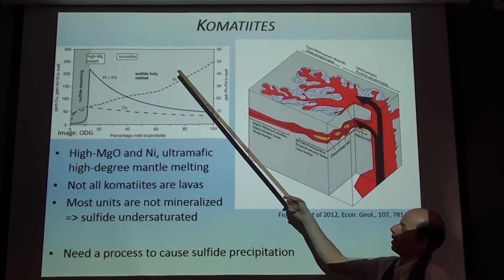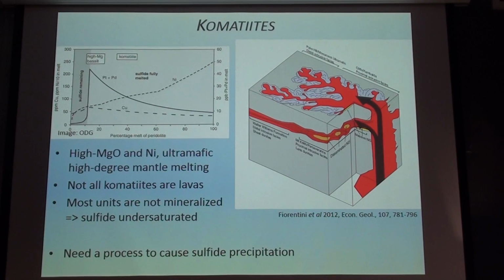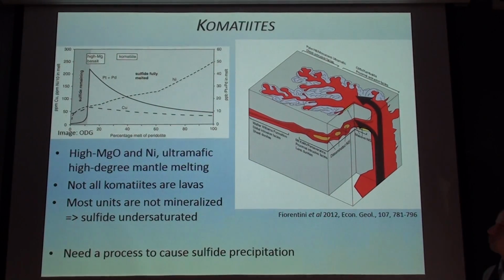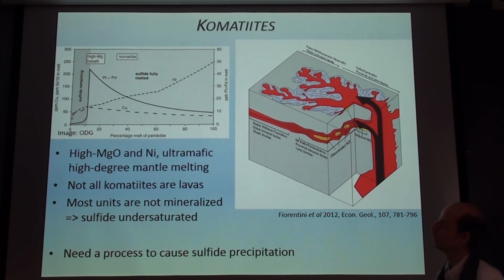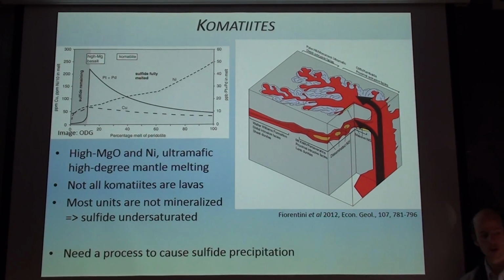So nickel, for instance, and nickel deposits occur in komatiites. So komatiites were about 40 to 50% melting of the mantle peridotite. So we have a relative enrichment of nickel. But not all komatiites contain ore deposits.